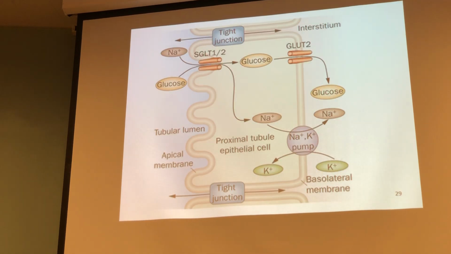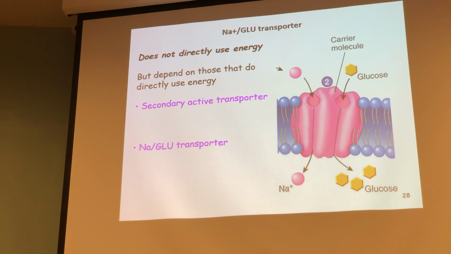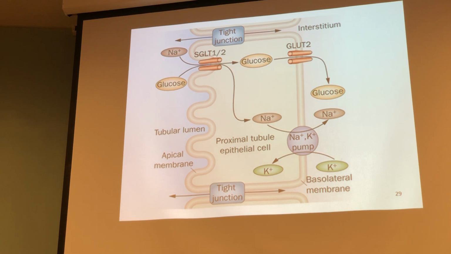We put the 2 ideas together, looking at the epithelial lining of your intestines, and I see my sodium glucose transporter on the apical side, right? So this sodium glucose transporter is this guy right here on slide 28. It doesn't require ATP because it's dependent upon sodium following its concentration gradient.